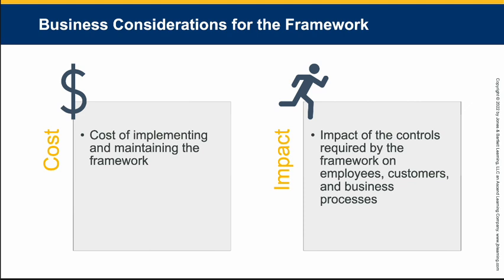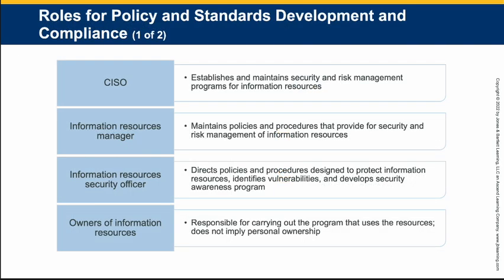So again, we have the CISO, which is the Chief Information Security Officer. His job is basically to establish and maintain the IS. The manager basically is to maintain the policy and procedure.